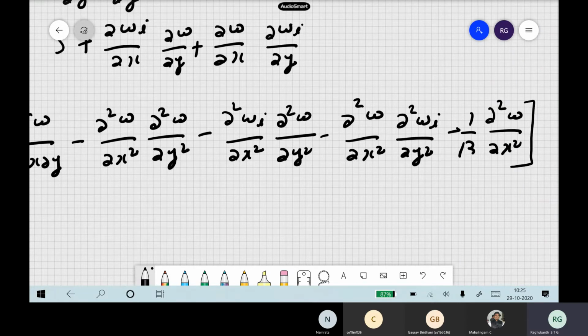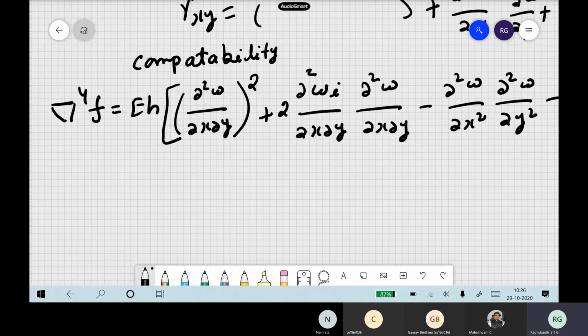This is a very big expression because we have these imperfections also, so the compatibility will be slightly different here.